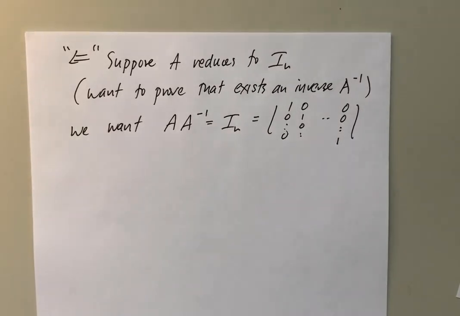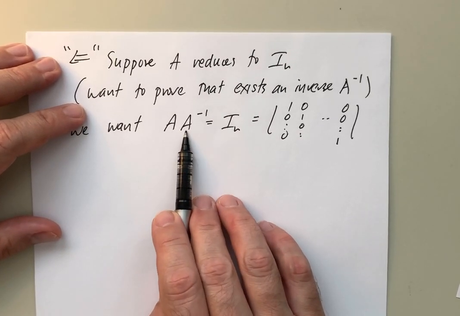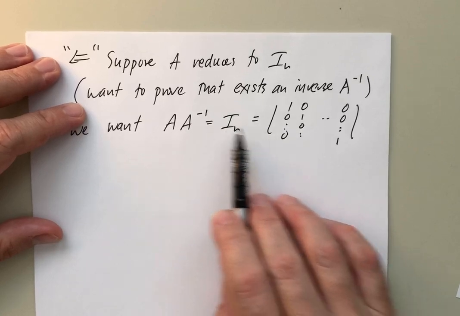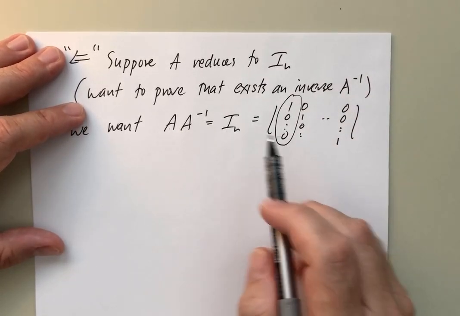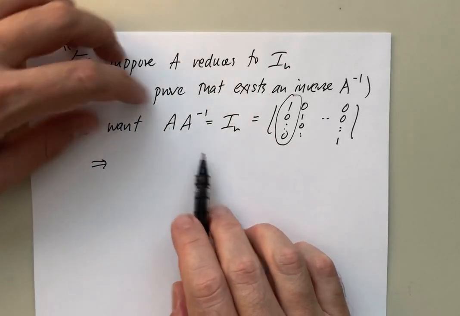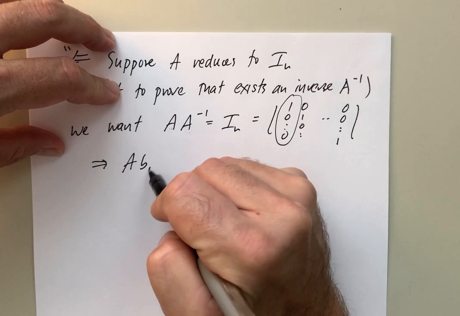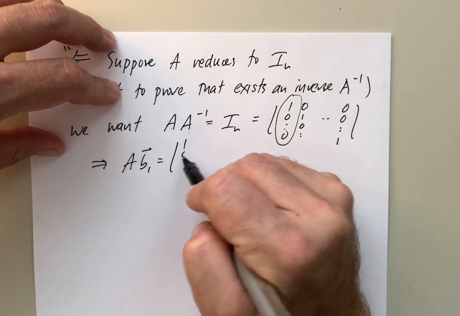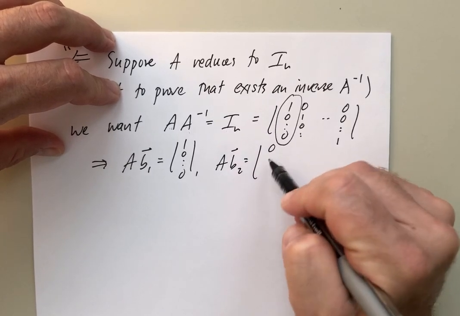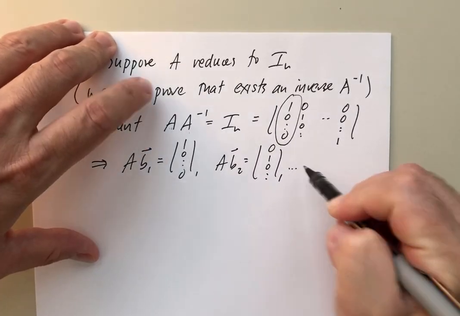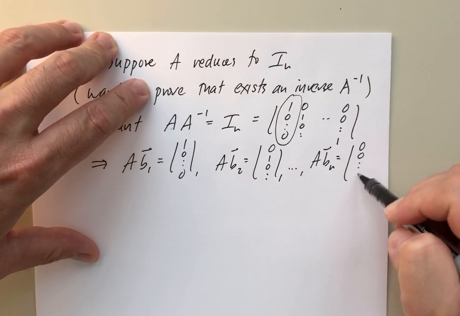Now remember, how does matrix multiplication work? A times this thing equals the identity. Remember that if you take a matrix times another matrix, the columns of what you get are given by taking A times the columns of this matrix. So what I'm doing here is A times B1 should equal 1, 0, 0. A times B2 should equal the second column, etc. A times Bn should be the last column.